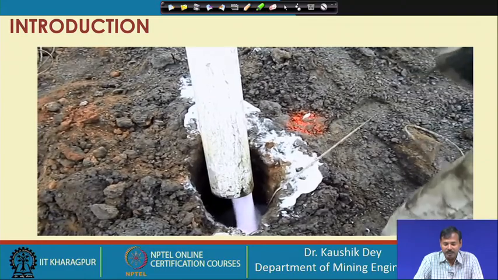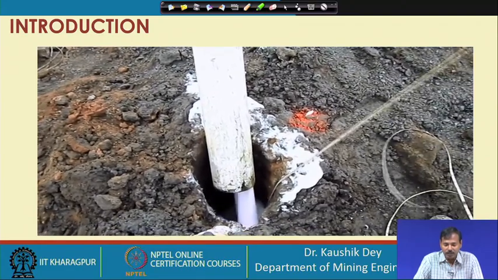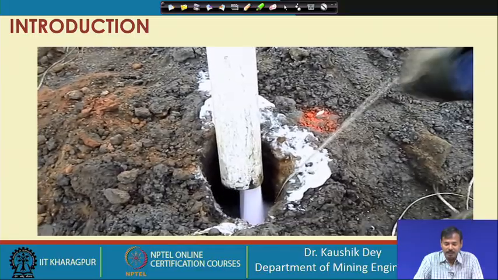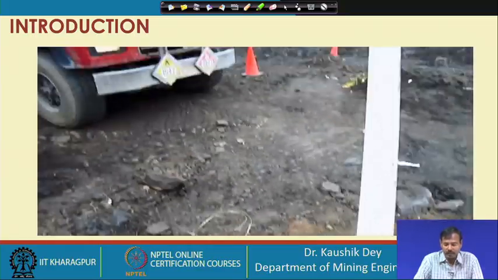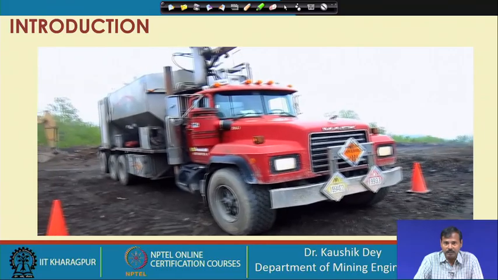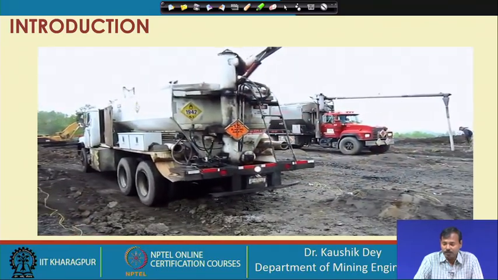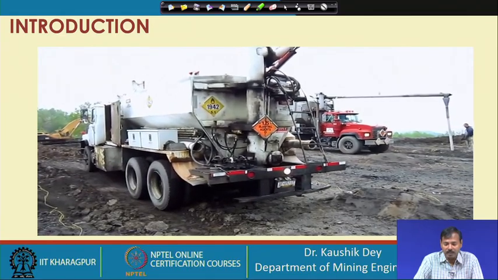The hole length is known to us, and we measure the remaining length after the charge, then deducting that we get the charge length. So, basically by using this we are providing bulk explosive.